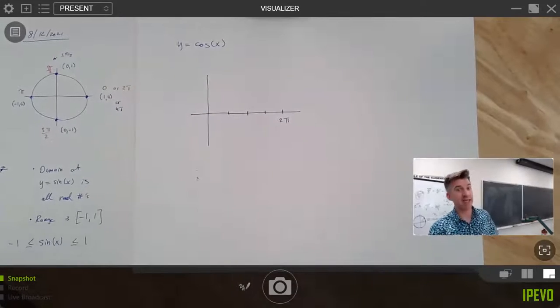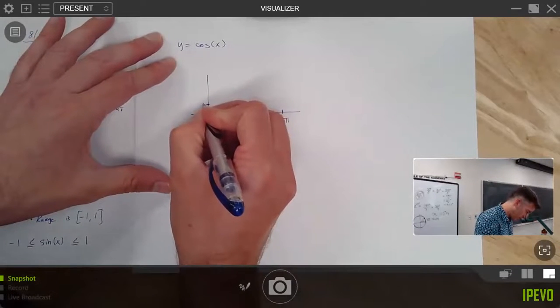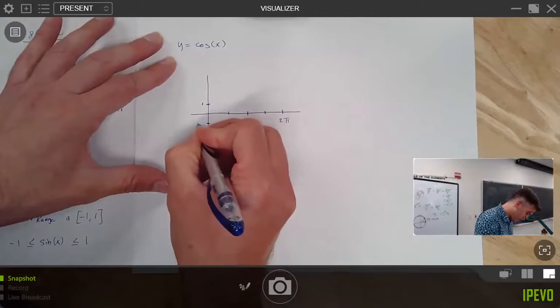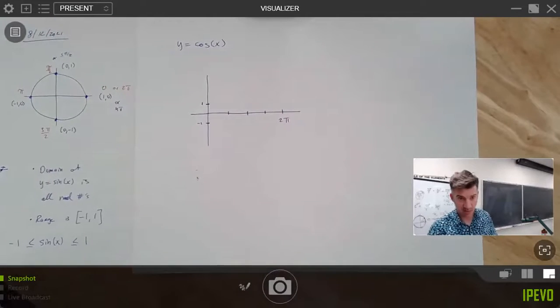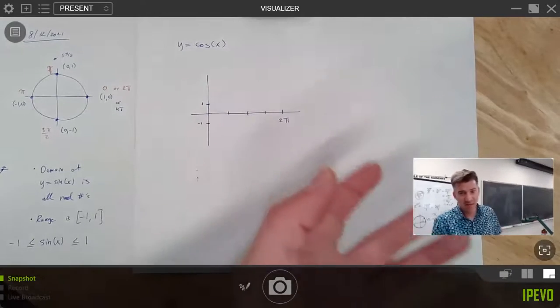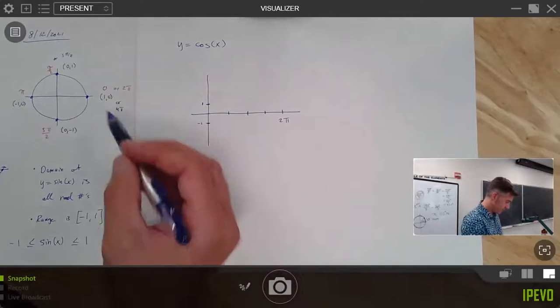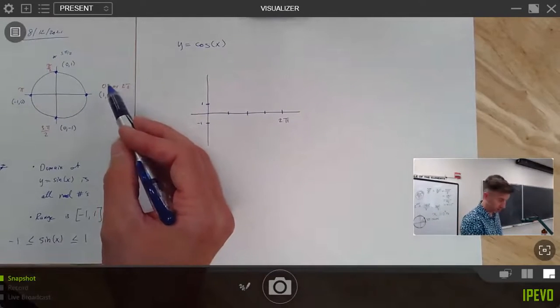And then 2 pi is about 6. I'm going to try and make this about 1. But your graph doesn't have to be perfect, right? Is that really 6 times as long as that? Maybe. It's close enough. So then cosine of 0 is going to be +1.